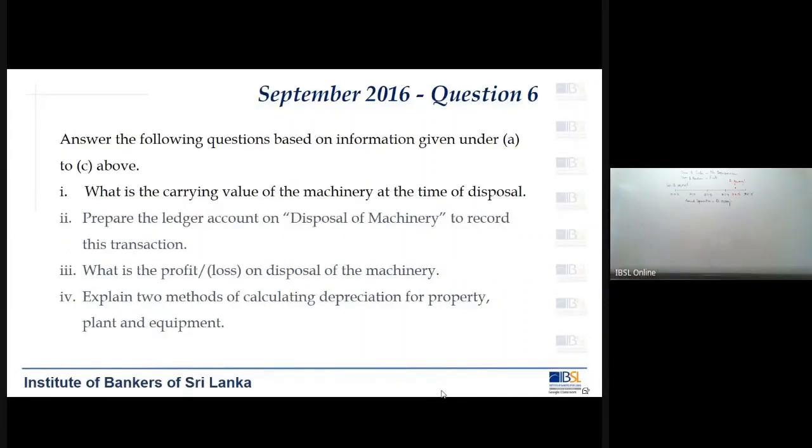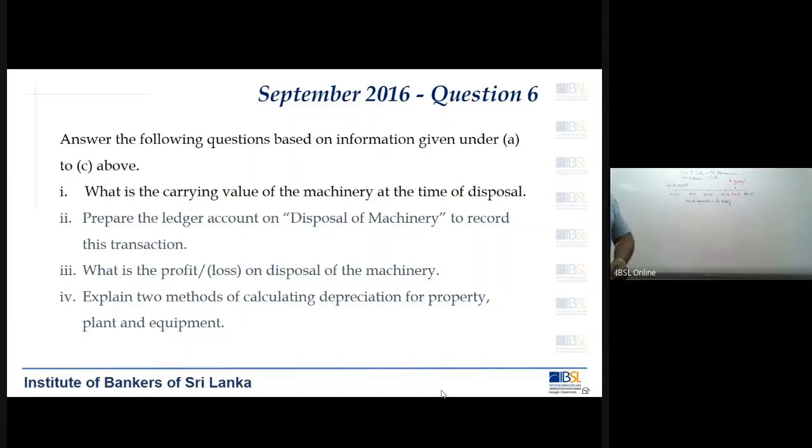Answer the following questions based on information given under A to C above. What is the carrying value of the machinery at the time of the disposal? Prepare the ledger account on disposal of machinery, that is the T account. What is the profit or loss on disposal? Then the last part, explain 2 methods of calculating depreciation for property, plant and equipment.